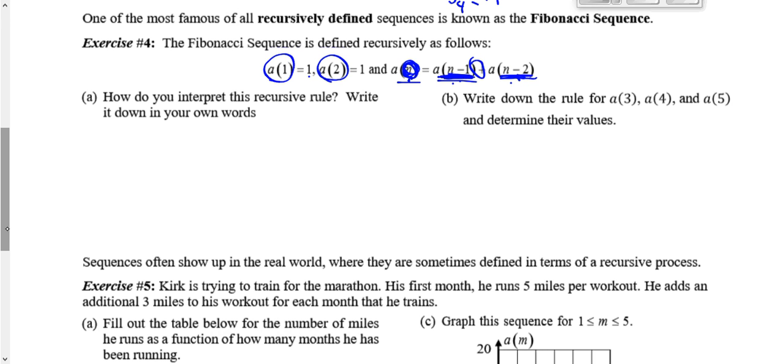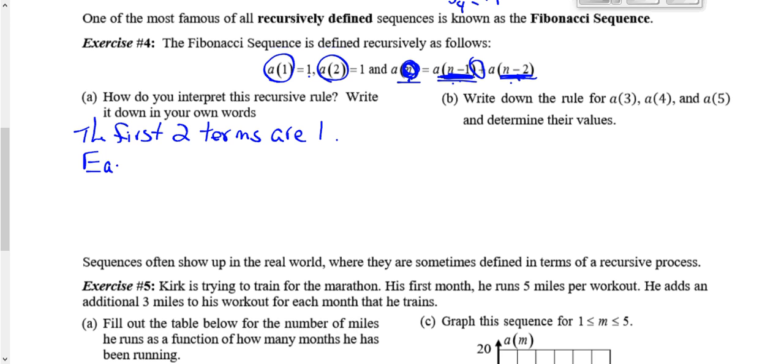Let's continue. So how do you interpret this recursive rule? The first two terms, A1, the first term, and A2, the second term, are 1. And each following term is found by doing what?